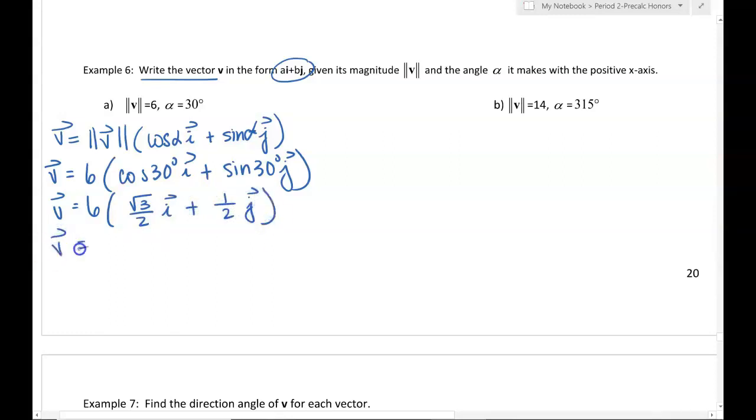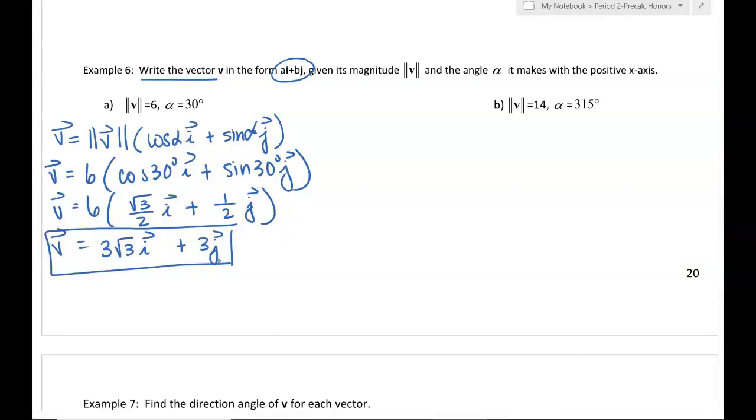So vector v, after you distribute the 6 throughout, we're going to simplify that too. So 3 rad 3 in the i direction plus 3 in the j direction, and let's box that up. Okay. Now, why don't you try out example B on your own?